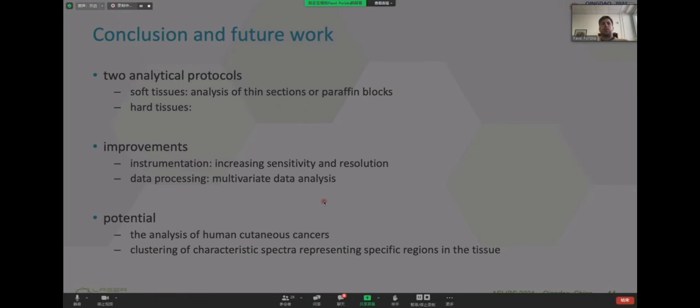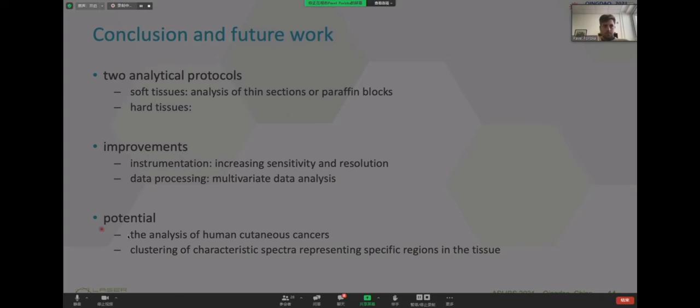So we have to also do and consider data processing. For data processing, I would like to also mention the importance of quantitative analysis. It's just the goal for future research, and also do some signal standardization to really mitigate the influence of matrix effect within the analysis.